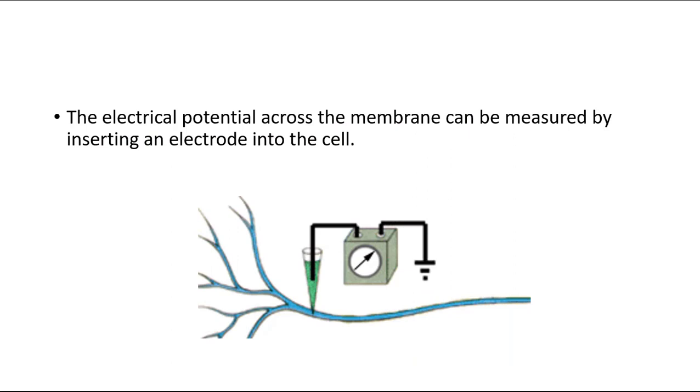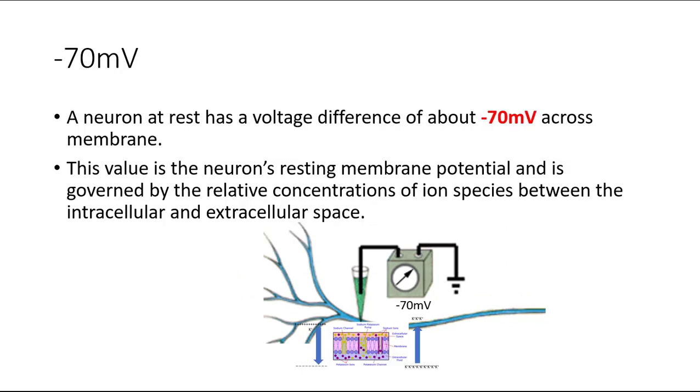The electrical potential across the membrane can be measured by inserting an electrode into the cell. A neuron at rest has a voltage difference of about negative 70 millivolts across the membrane.